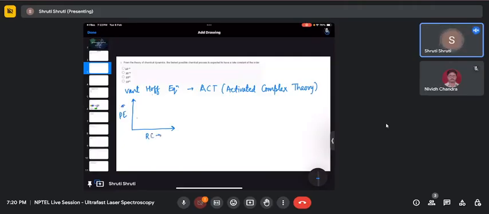Now kB is the Boltzmann constant. Its value is 1.381 into 10 to the power minus 23. And if we are taking room temperature, the question says, I think, the fastest possible.